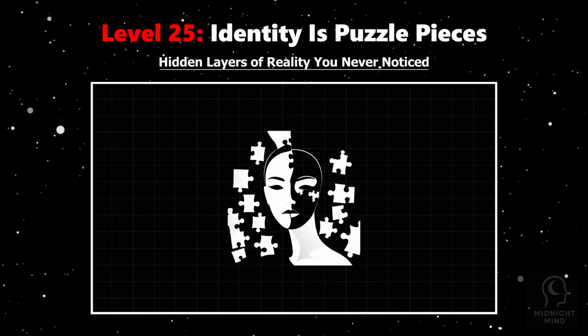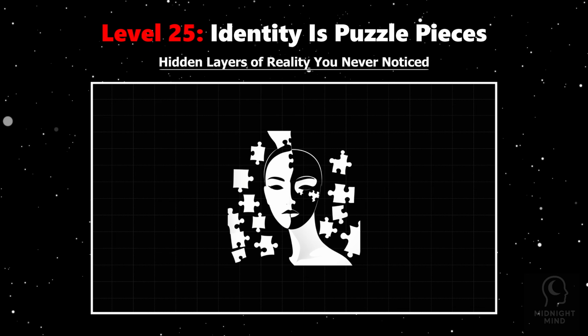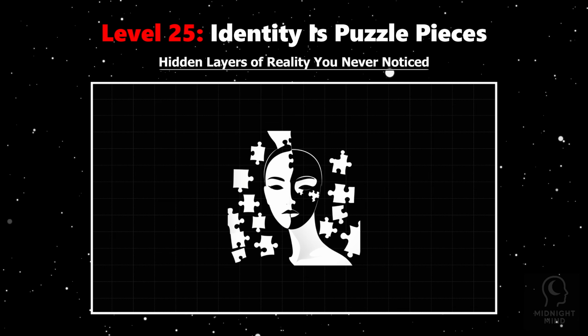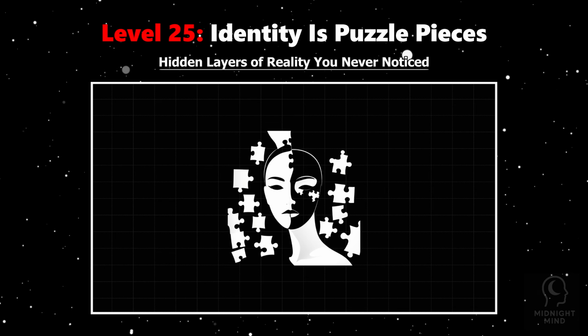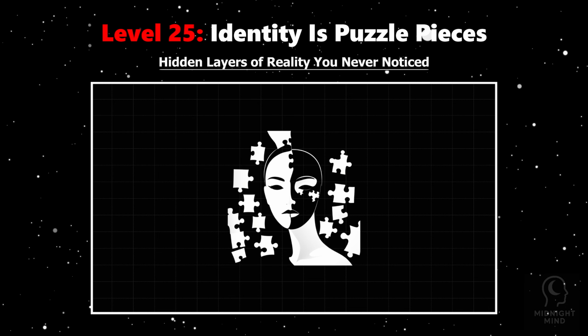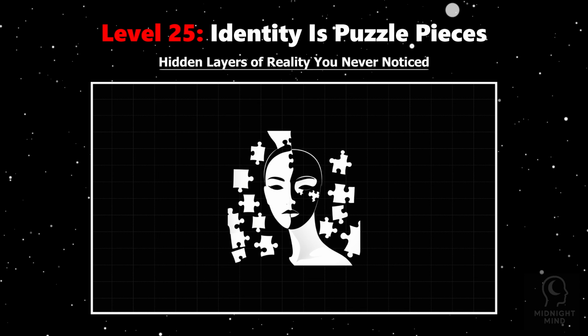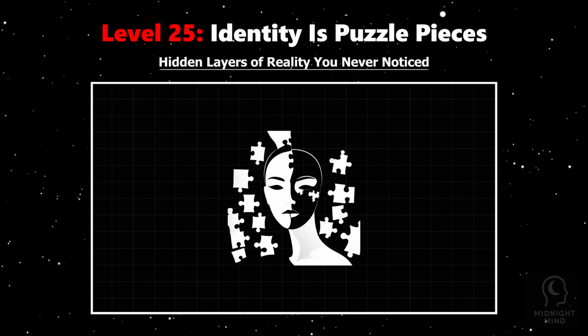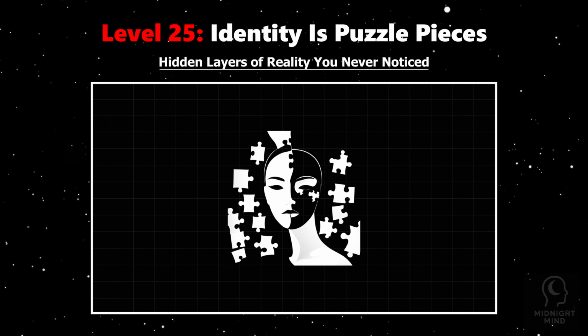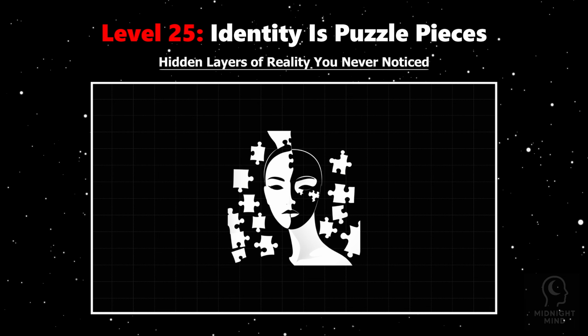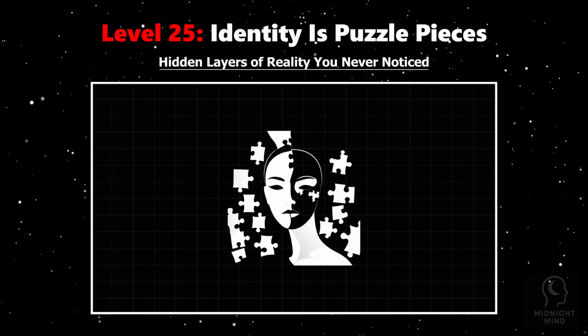Understanding this helps unravel the illusion of a single, consistent you. Instead, identity is a living puzzle, always assembling and reassembling, a reflection of your past and present intertwined. This insight deepens empathy for yourself and others, revealing that beneath every facade is a multifaceted being shaped by countless threads woven through time.